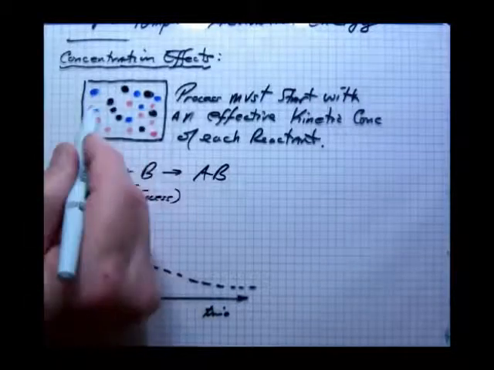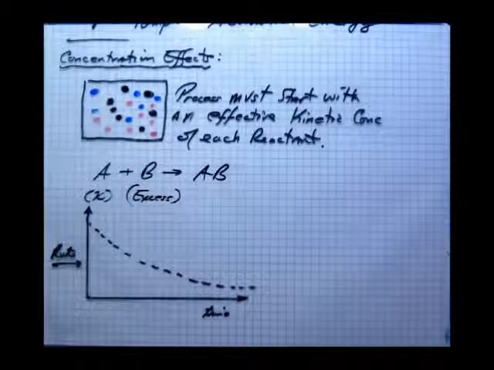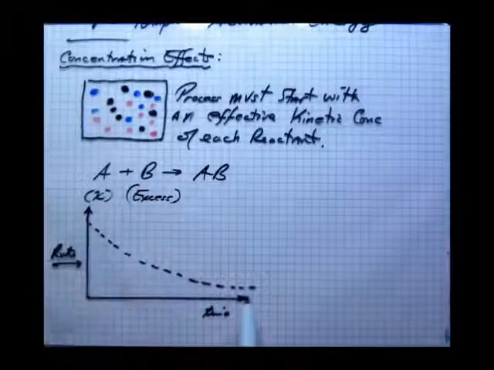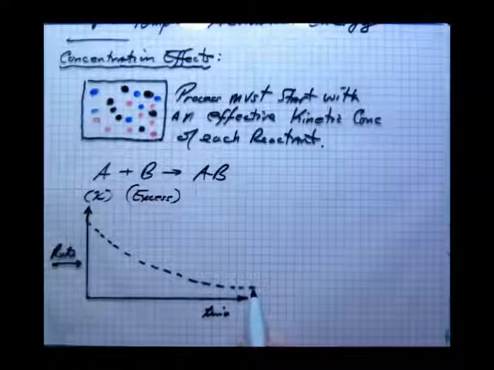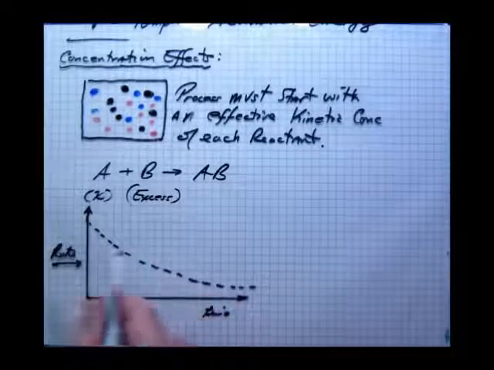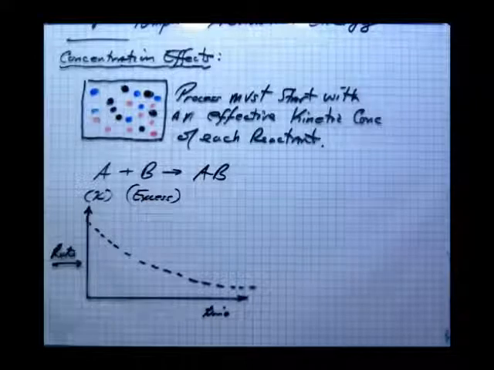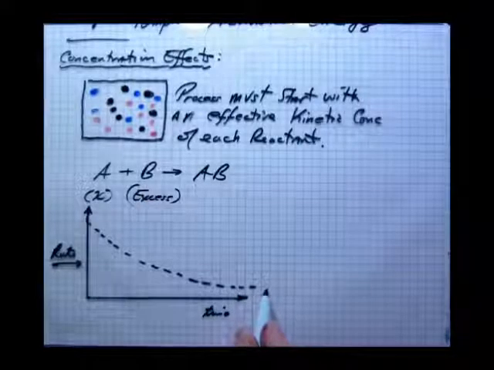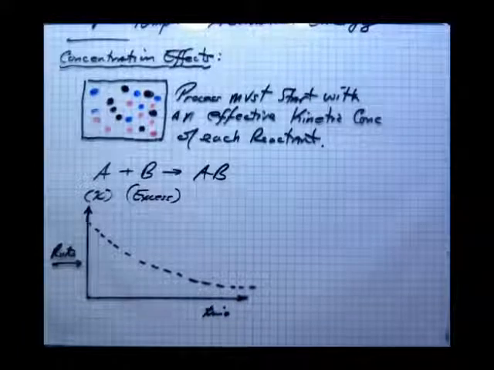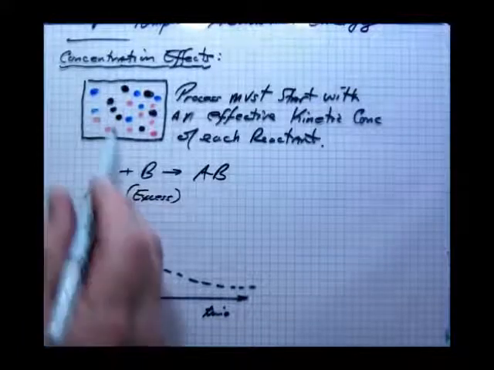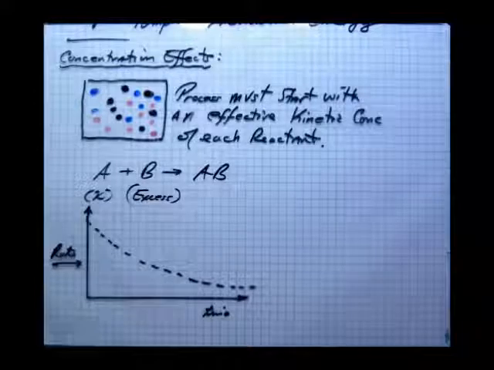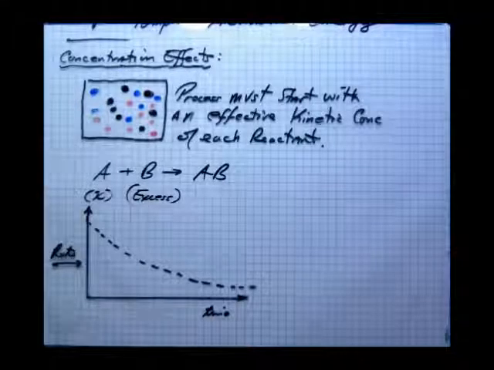See, we're losing red and blues, they're turning into products. And so as you go down this trend, the rate begins to decrease because you have fewer and fewer reacting particles. Now, when you get to very low out here, the particles are so far apart, they're still there, A and B, blue and red, but they can't find each other, and the reaction almost doesn't proceed.